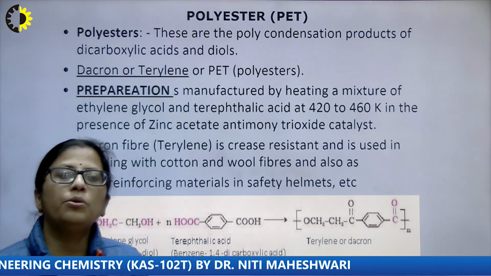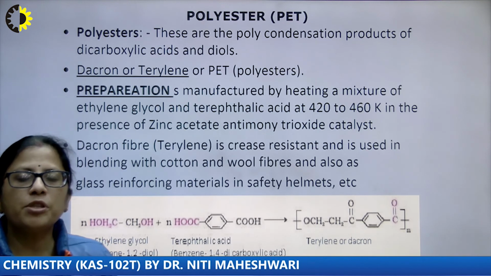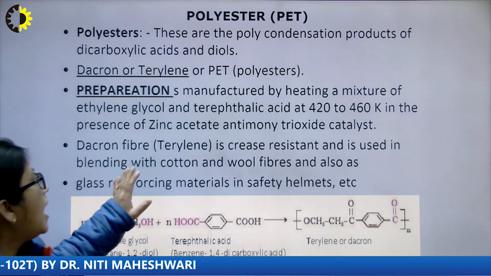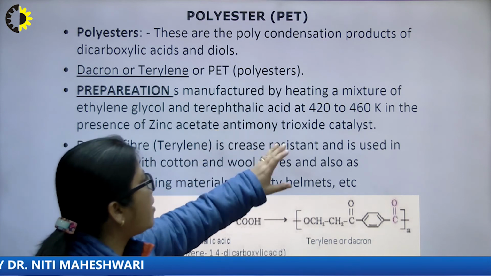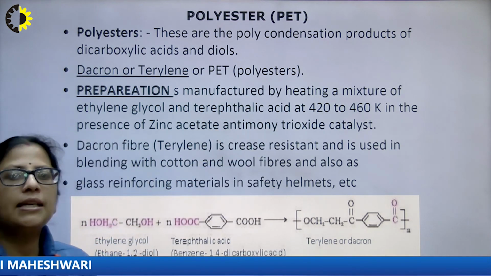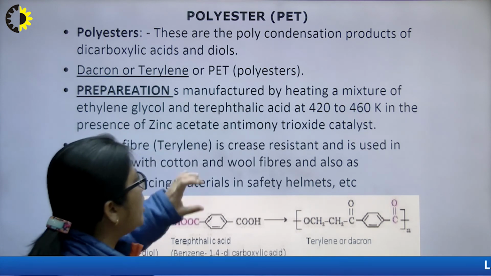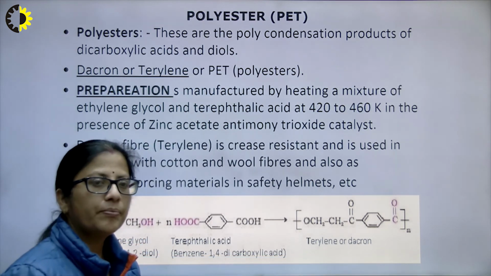The two acidic groups are at para positions in the benzene ring, which makes it terephthalic acid. The reaction takes place at around 420 to 460 Kelvin in the presence of zinc acetate and antimony trioxide catalyst.